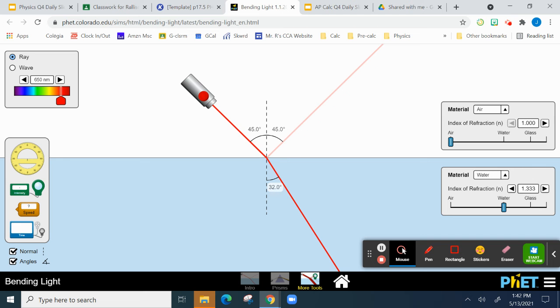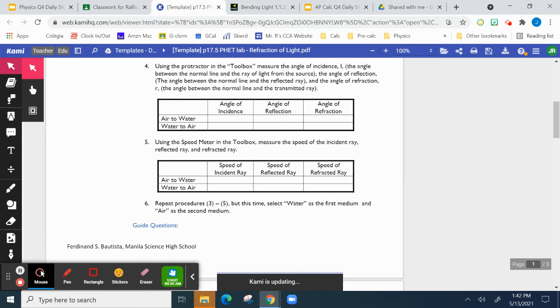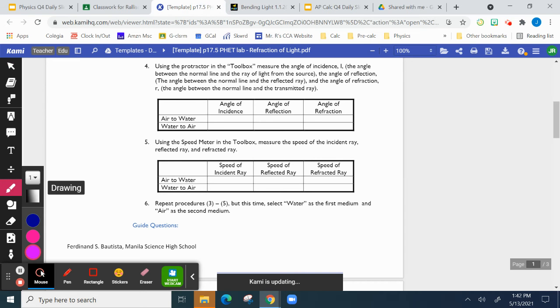So we got 45, 45, 32. Going air to water: incidence 45, reflection 45, and refraction 32 degrees.